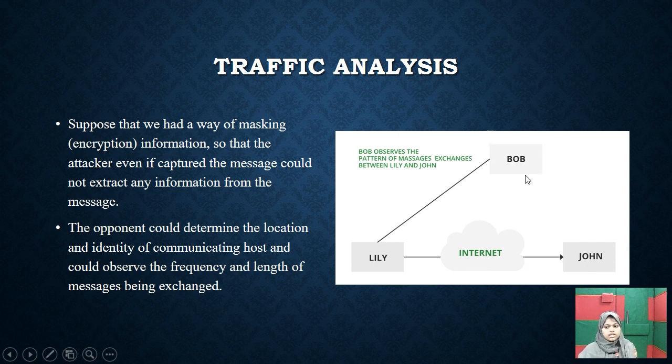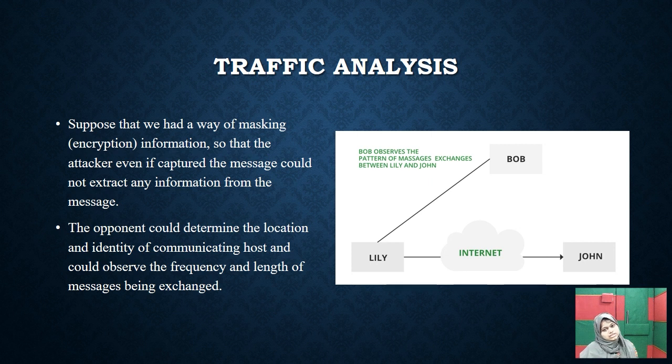So Bob, even if he does not understand what message is being shared between Lily and John, will try to observe the pattern of messages. He will try to identify the location of Lily or the location of John. He will also try to find at what time the communication takes place, what amount of packets or messages are being shared, and what is the length of the messages.